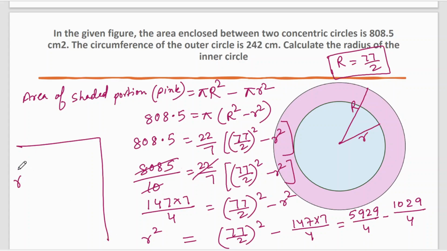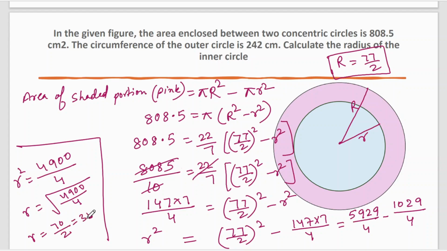So we'll get r square equal to, take the LCM 4, and after calculation you will be left with 4900. So r will be square root of 4900 divided by 4. So r equal to 70 by 2, or you can write 35. So finally we got the value of small r also, and that is 35 centimeter.